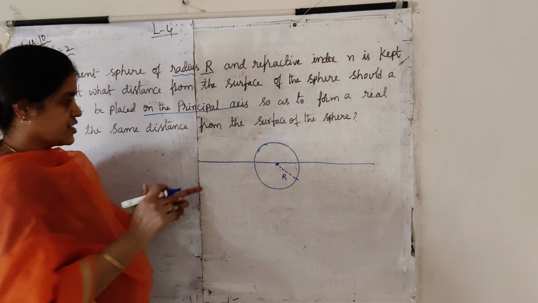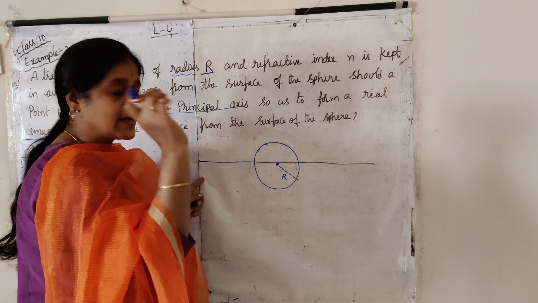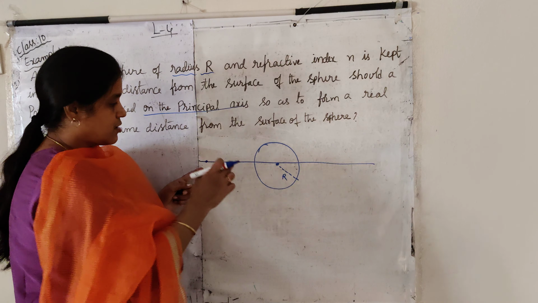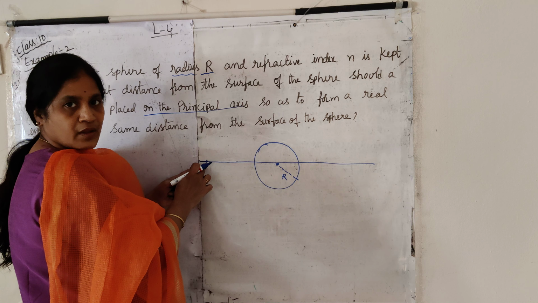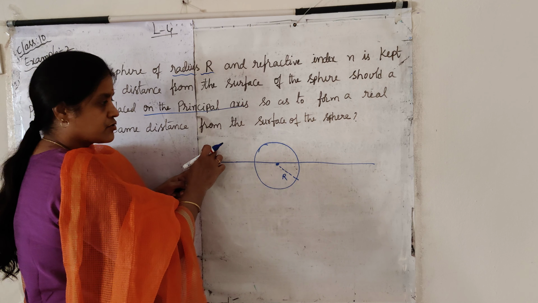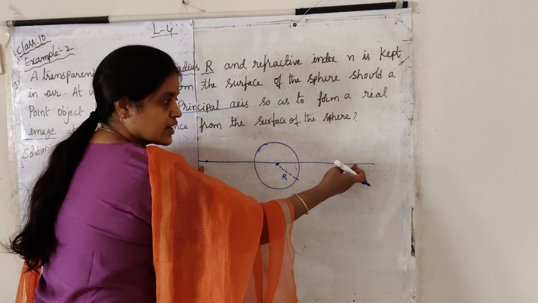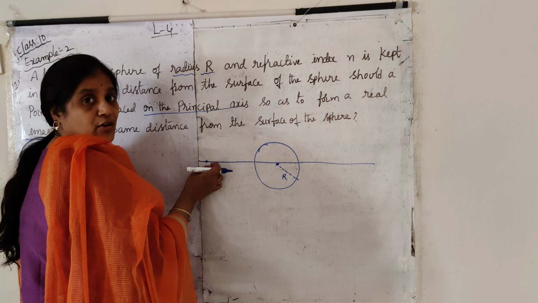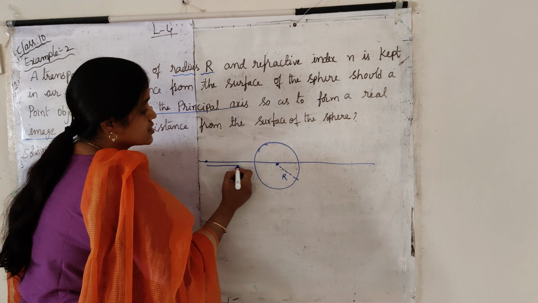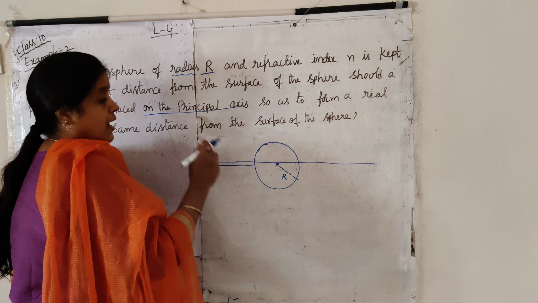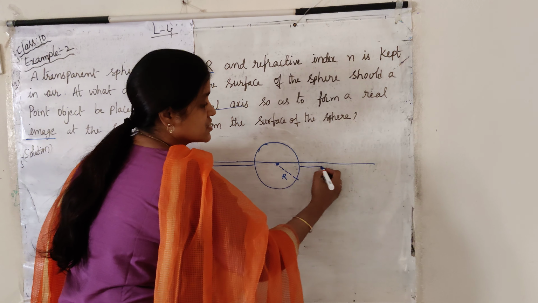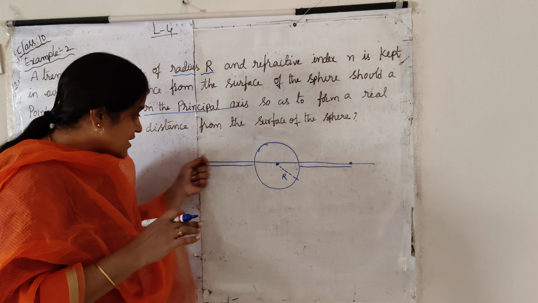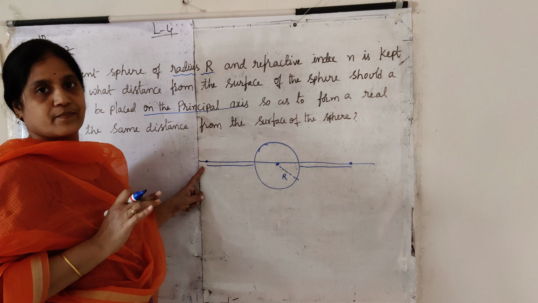Now the question is, when you place a point size object on this principal axis, for example here, the light ray travels from the air into the sphere and we will get the image finally on the other side. At what distance you place this point object, at the same distance only you must get the image.